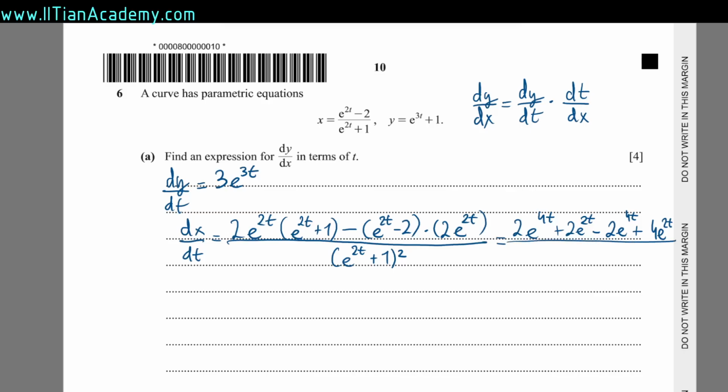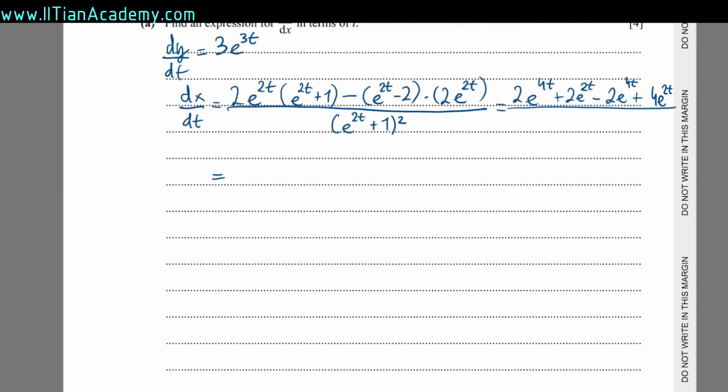And this will be divided by the same expression. So the 2 times e to the 4t terms will just cancel. So I just have 6 times e to the 2t divided by (e to the 2t plus 1) squared.